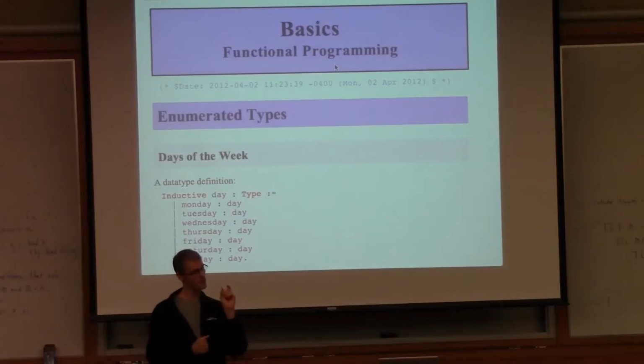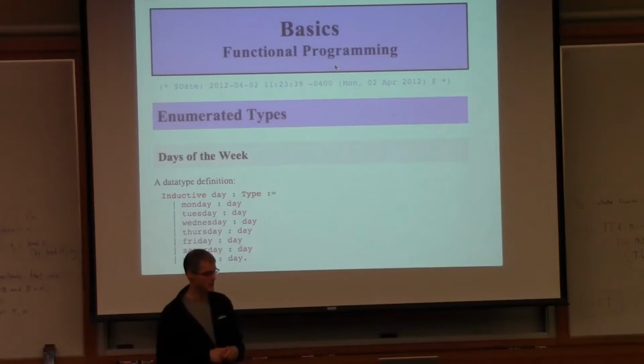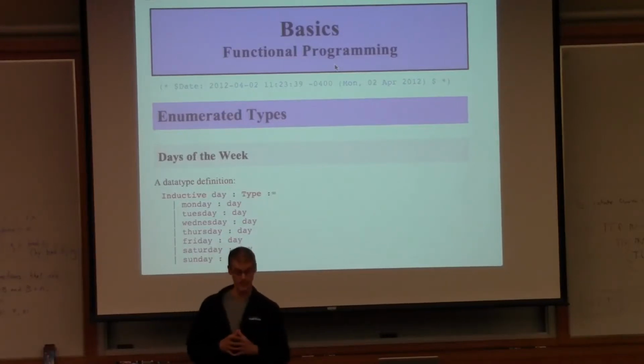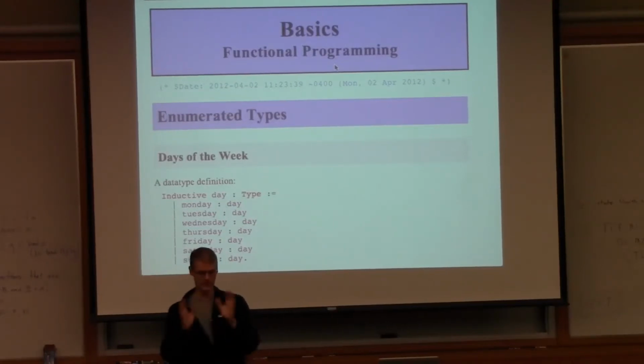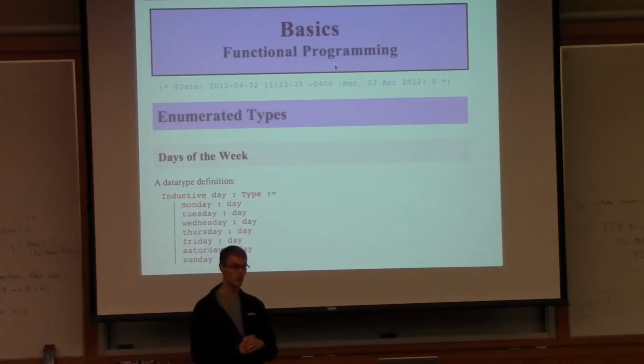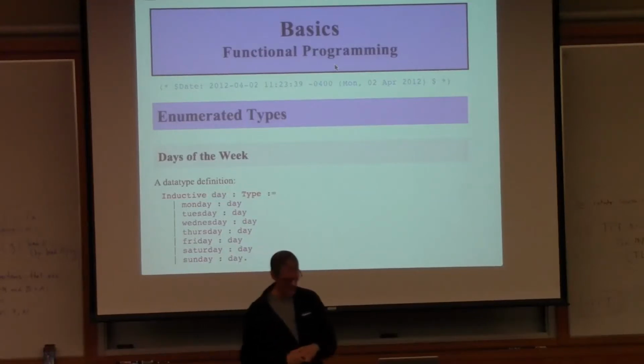So Twelf is a more targeted tool. It doesn't work for everything. Its logic is substantially less powerful than Coq's. But if your application is something that Twelf is good at, then it's very well worth checking out because it may well be the very fastest path to your goal.